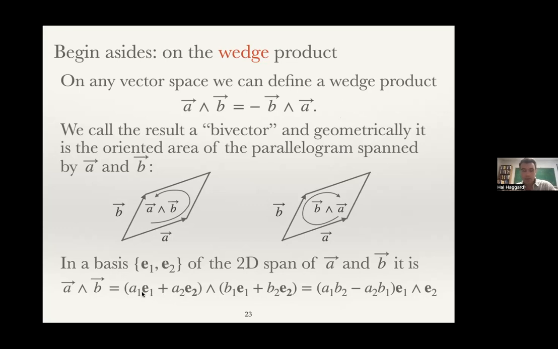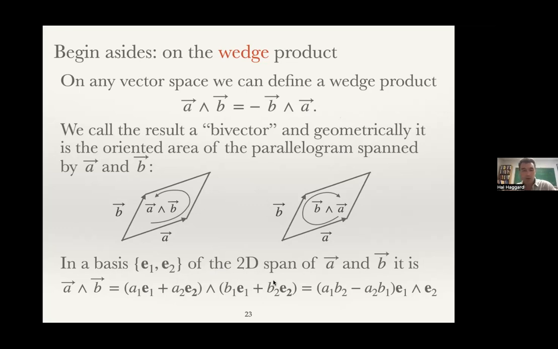The first distribution gives me A1 times B1 with E1 wedged into E1. But E1 wedge E1 is minus E1 wedge E1. What's the only thing that's minus itself? It's 0. So any vector wedged with itself gives us 0, and that first term vanishes.